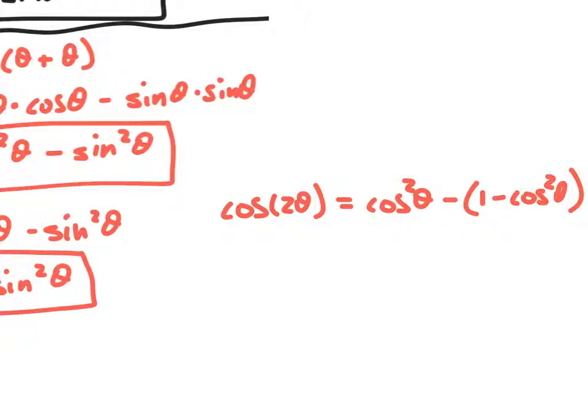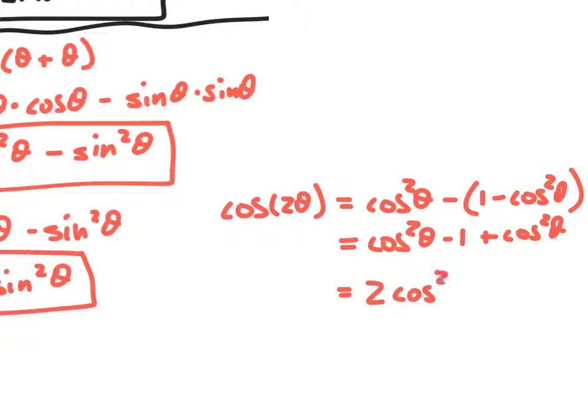Distribute our negative here, and that's going to give us cosine squared theta minus 1 plus cosine squared theta. And this would give us 2 cosine squared theta minus 1, and that would also be equal to cosine of 2 theta.